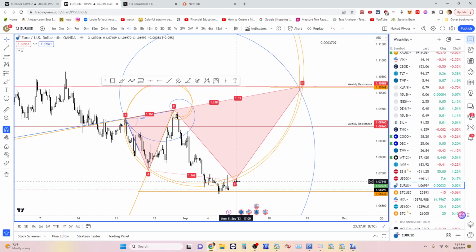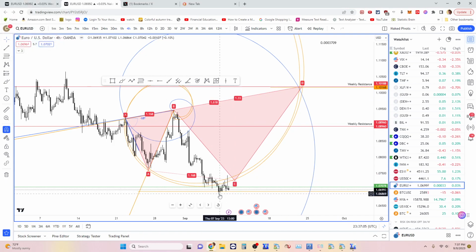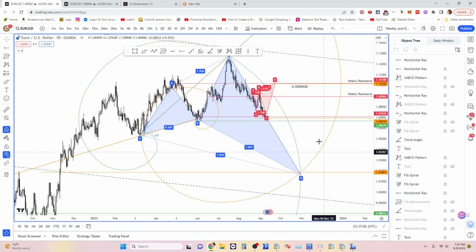This needs to be adjusted for the new bottom in the symmetry in the fib spirals, and then we could actually see the 4 hour harmonic right here in relation to the high time frame daily harmonic. And so we'll see if it comes true.